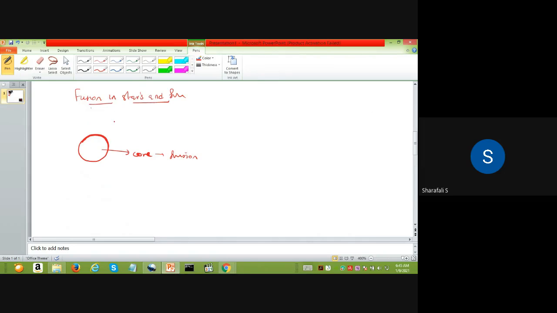The core region will be almost less than 0.25 of the radius of the sun, 0.25 R. Then we have different zones, and I'm not going to go through all of them. So we have the first zone here, second zone, third one. This one is called the radiative zone.